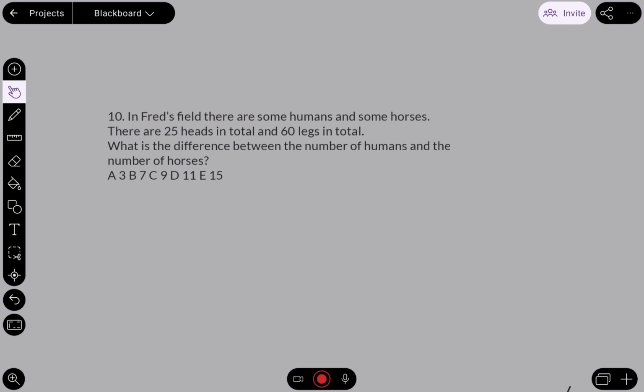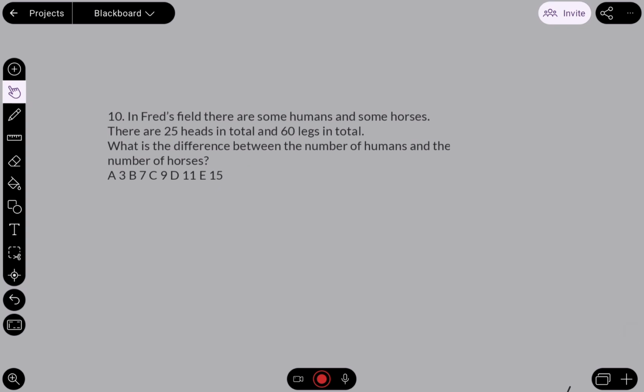1, 2, 3. Okay, this one's a little bit difficult because you have to really pay attention, as it's hard to explain. So, a human obviously has 1 head. Imagine a human with 2 heads. That's weird.